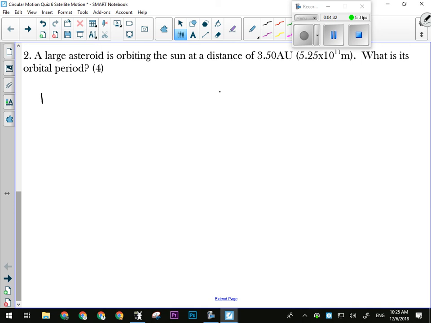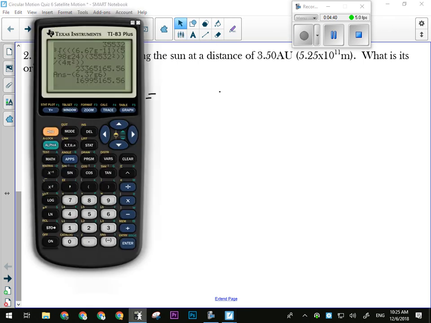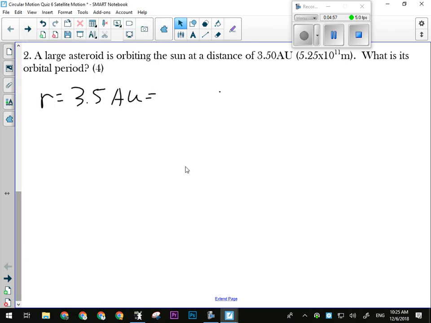The radius will be 3.5 AU, or 5.25 times 10 to the 11 meters, either one of those. We're looking for the orbital period. That's their only given. They get a mark for that.